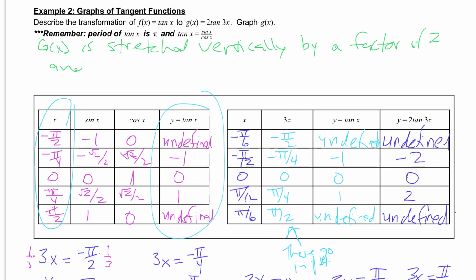And if we take a look at that 3 inside here, the b value, this is going to compress it horizontally. So compressed horizontally by a factor of 3.